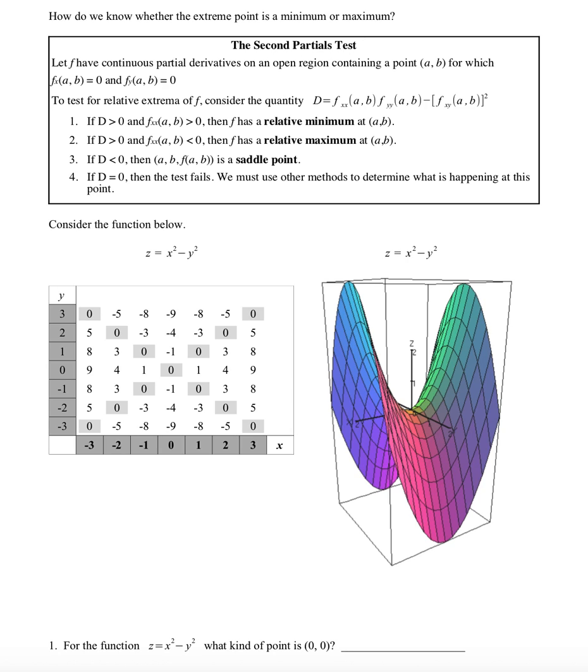Let's try the test on the saddle function z equals x squared minus y squared. This is a function which we'll find has a horizontal tangent plane at the origin. However, we can see that whereas the values along the x-axis go up, it looks like values along the y-axis go down.